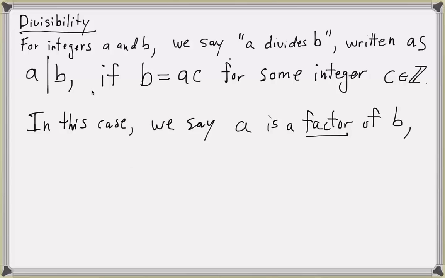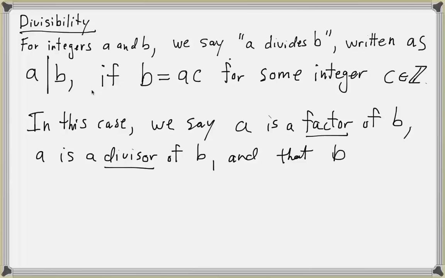We say a is a divisor of b, and that b is a multiple of a.